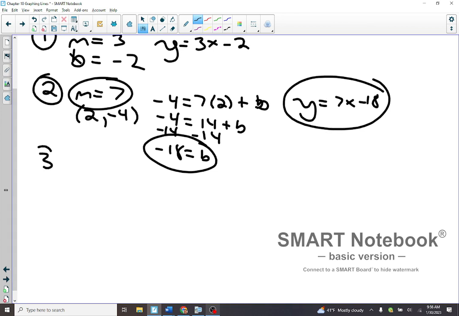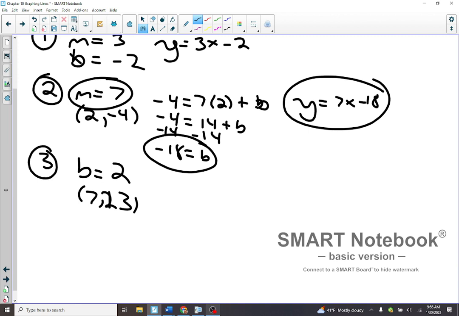Number 3: b equals 2, and the point (7, 23).